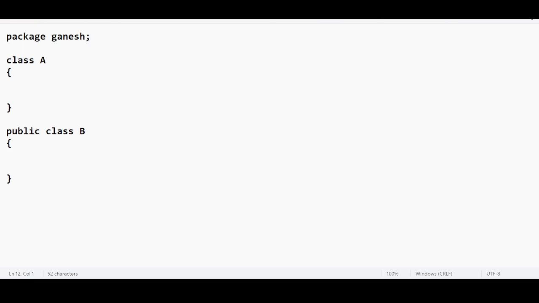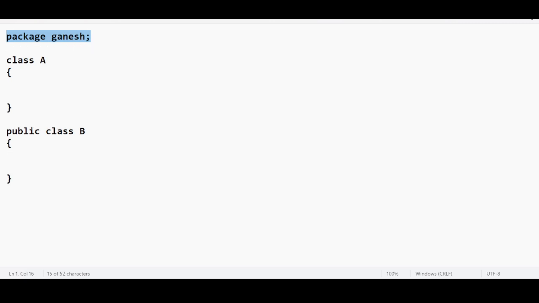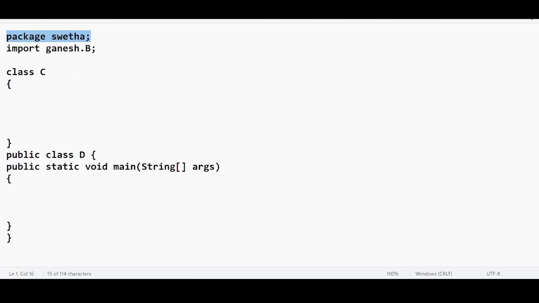I have two packages, the Ganesh package and the package by the name of Sweta. Let me keep the same packages, and the main method has been placed inside the Sweta package, inside the class T. Now we will think about the behavior of Java constructors with respect to access modifiers.